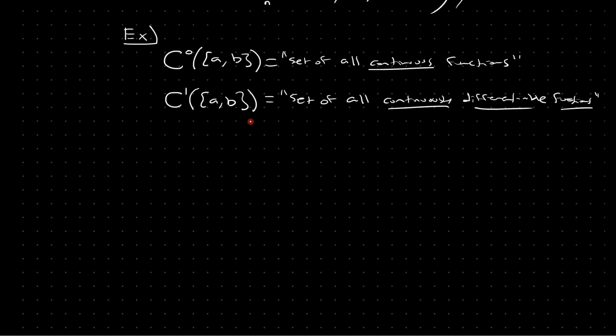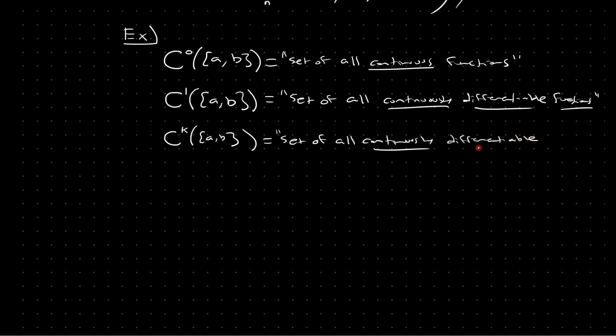In fact, more generally, we can say the set C^k on the interval from a to b, where C^k is the set of all k-th continuously differentiable functions. And this is the set of all functions that have a continuous k-th derivative.